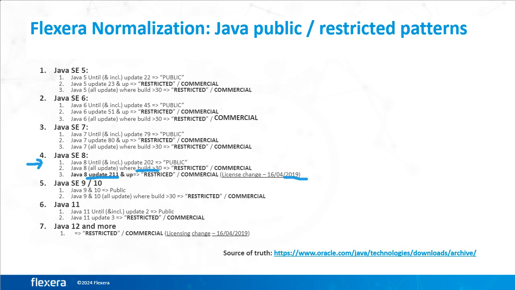So normalizing, tracking and categorizing the Java evidence is key to identify the relevant one for licensing.